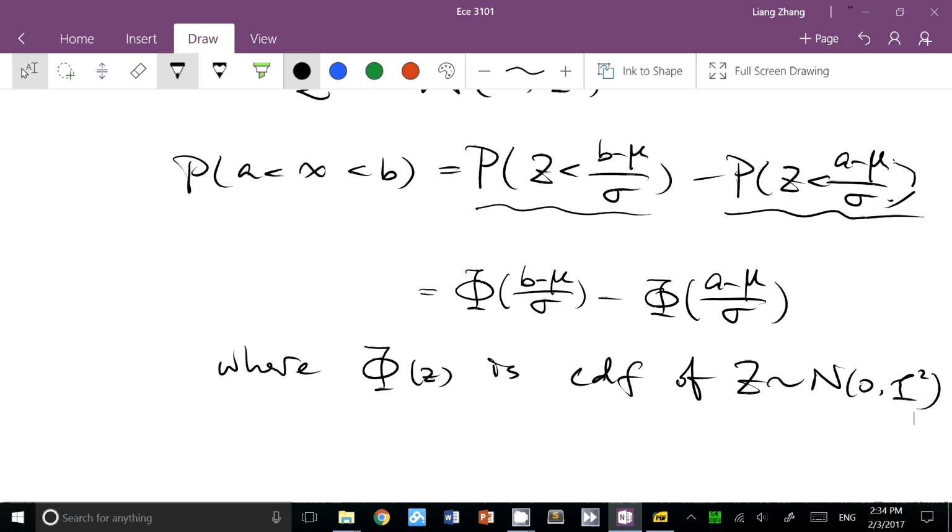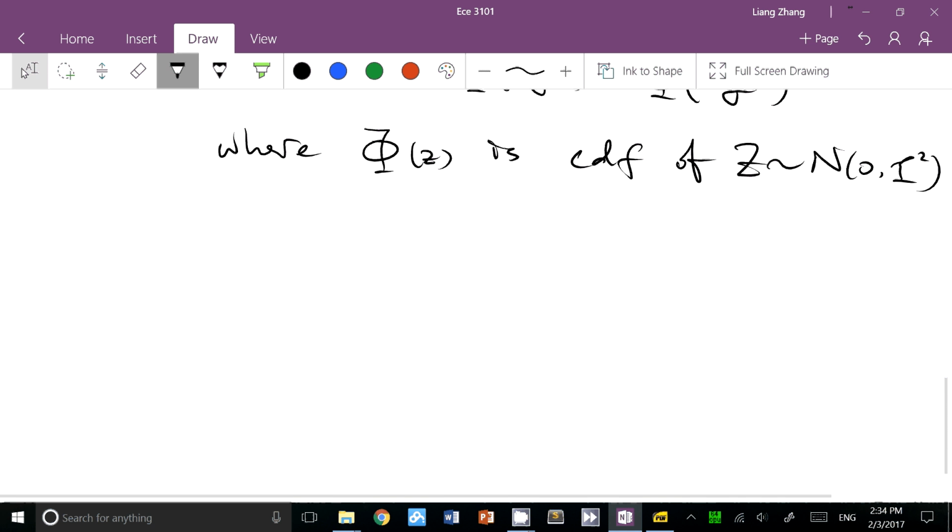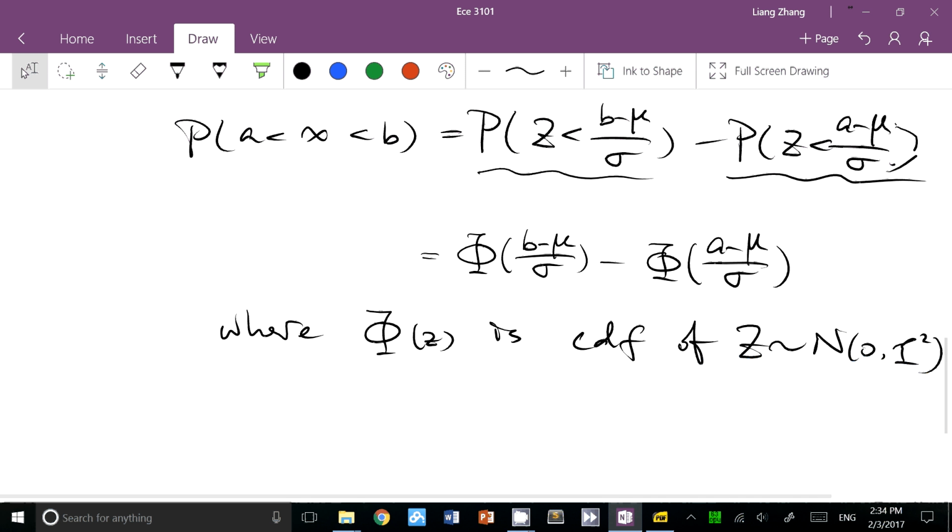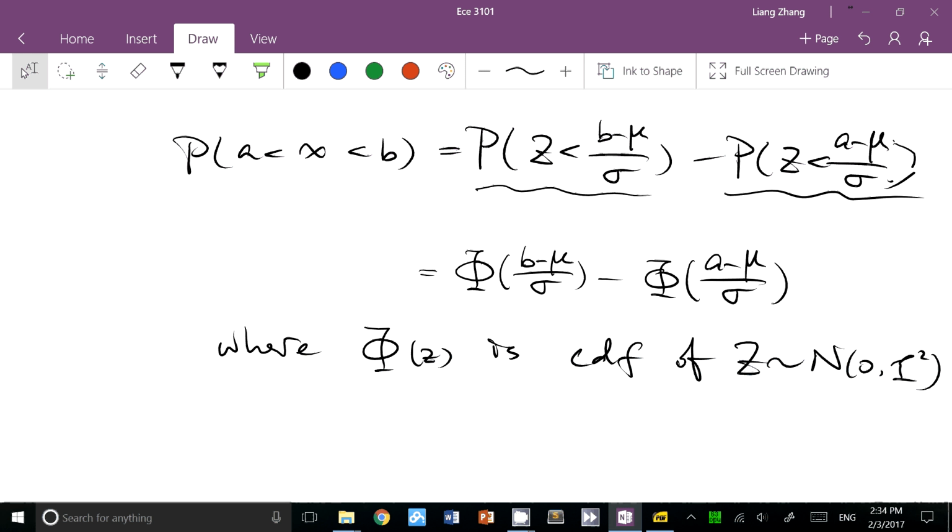Okay. I believe you have done and learned this in previous courses. And in the lecture last Tuesday, we did a quick example illustrating how this can be utilized. Now, as I mentioned, if you're doing this by hand, then the good way to do this calculation is to look up a table.